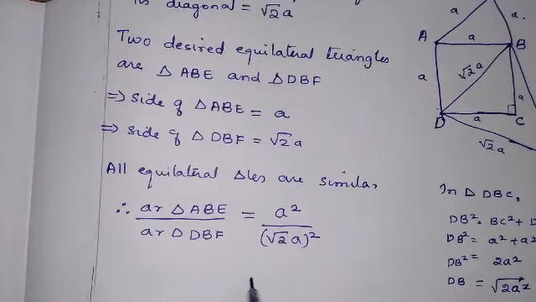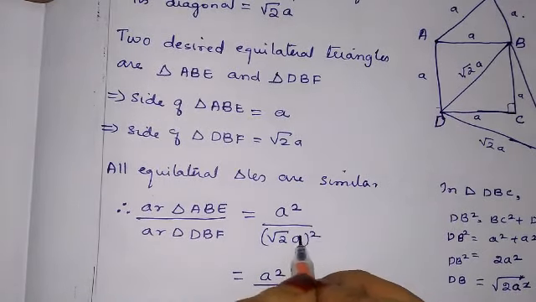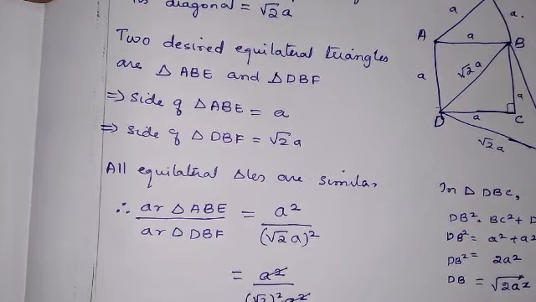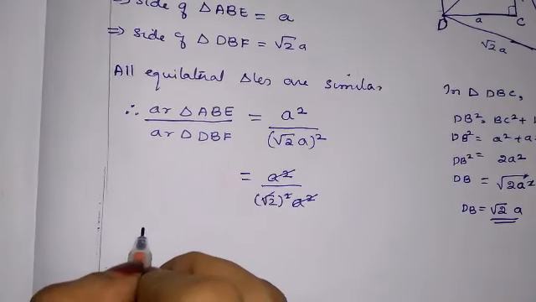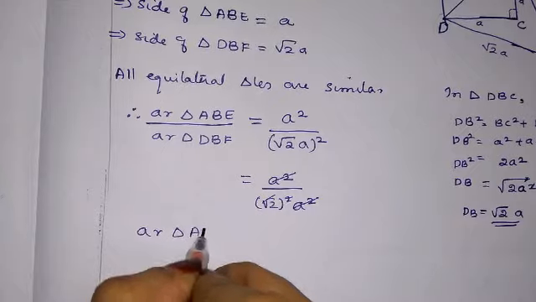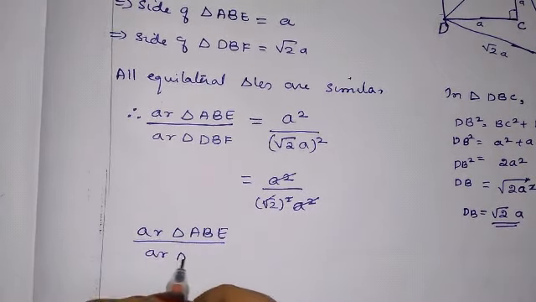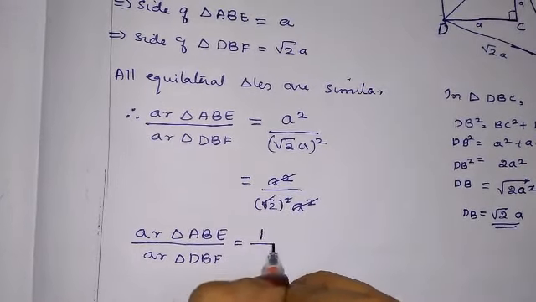Now let us write separately: a square upon root 2 a whole square. Root and square get cancelled, a square gets cancelled. What is left now? The area of triangle ABE upon the area of triangle DBF is equal to only 1 upon 2.